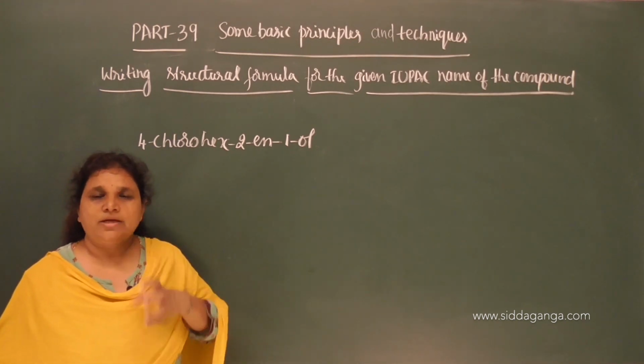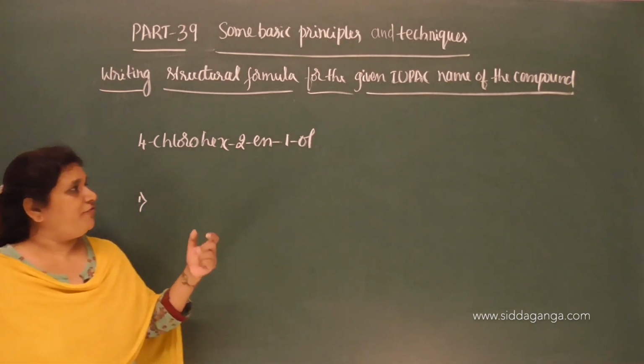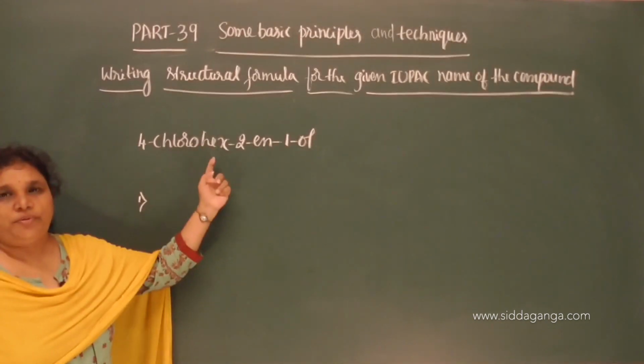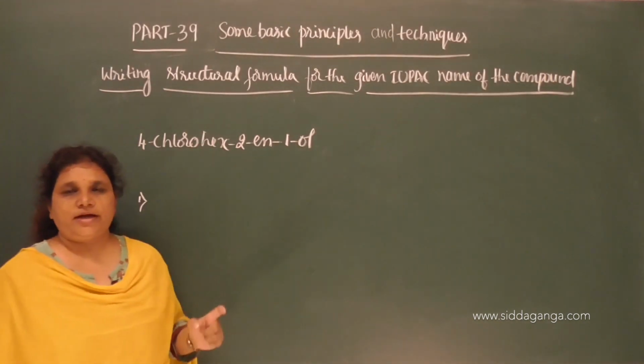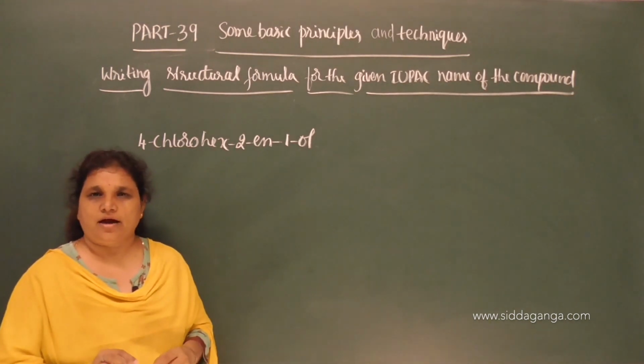Therefore, that always gives the root word in the IUPAC name, correct? So, on the basis of the root word of the given IUPAC name, first we have to write the carbon skeleton, and that is the selected parent carbon chain.